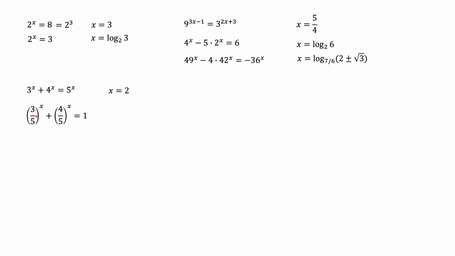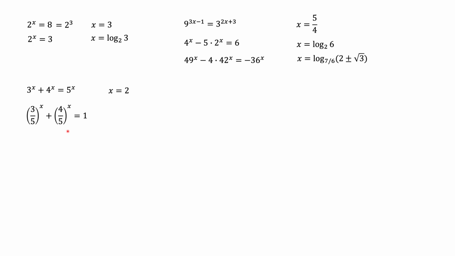But now notice you have (3/5) to the power of x. 3/5 is less than 1. So this is a monotonically decreasing function. 4/5, for the same reason, is also a monotonically decreasing function. Now we have one monotonically decreasing function and another monotonically decreasing function. When we add them together, we're also going to get a monotonically decreasing function.